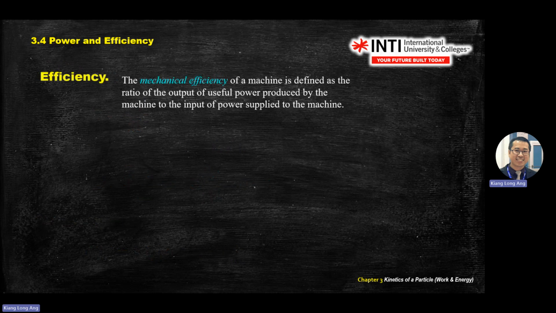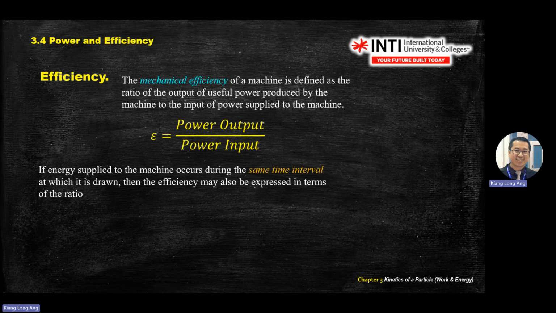So efficiency is a ratio between your input and output, right? Efficiency equals output divided by input. But here, we take power. Efficiency. So this is the concept.